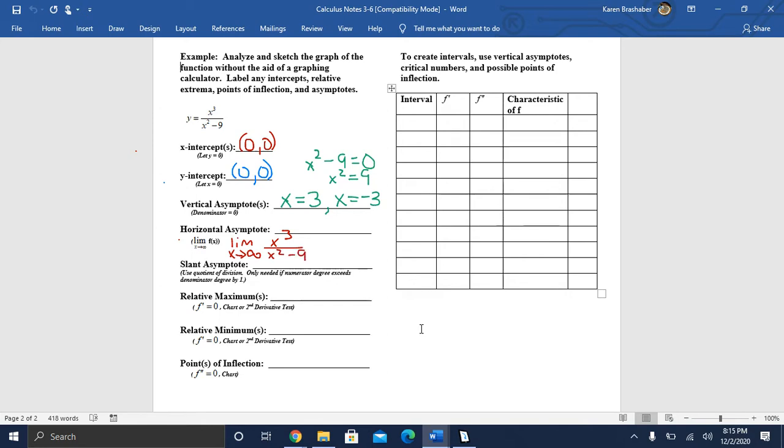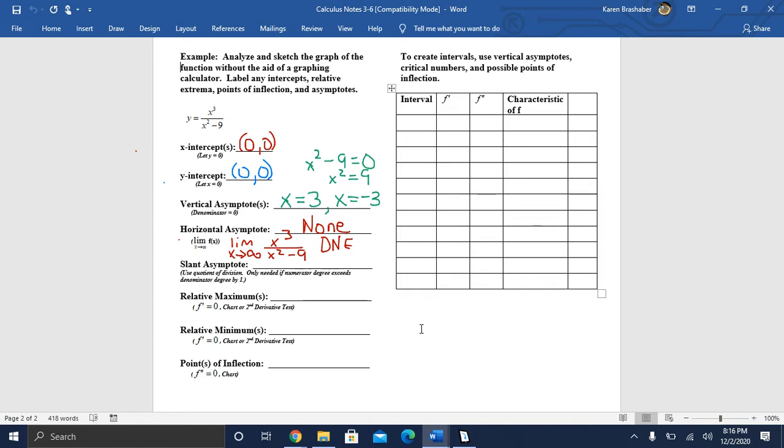So the higher degree in the numerator means that the limit does not exist. However, we can describe this as going to positive infinity. Now, as far as the horizontal asymptote, though, I would just like for you to write none. So it has no horizontal asymptote, so just write none.